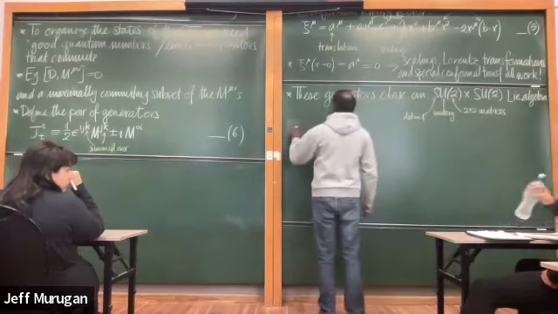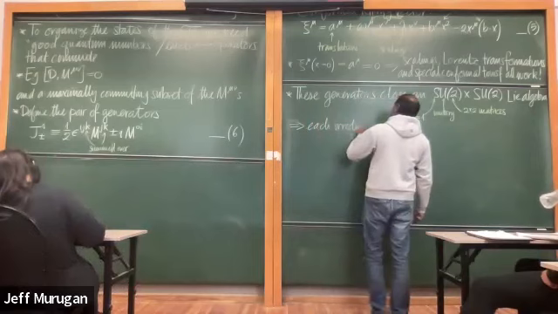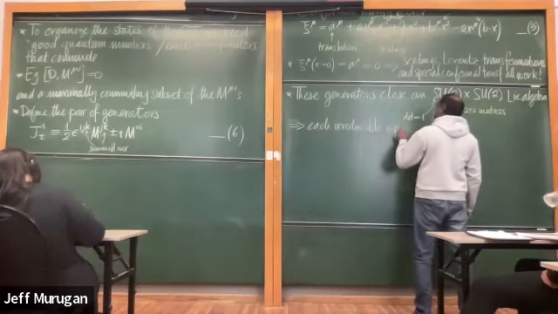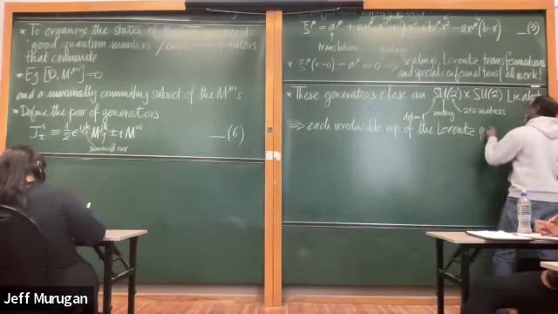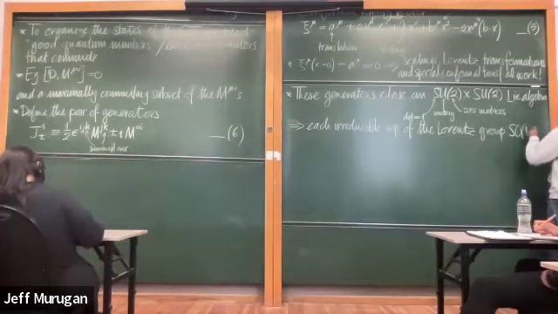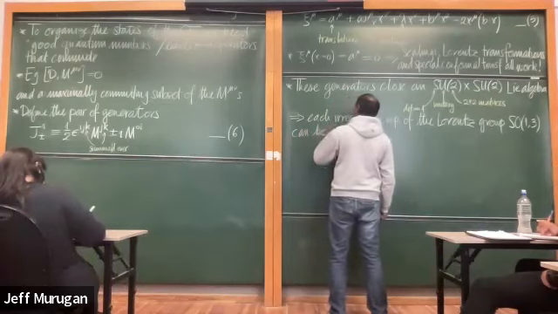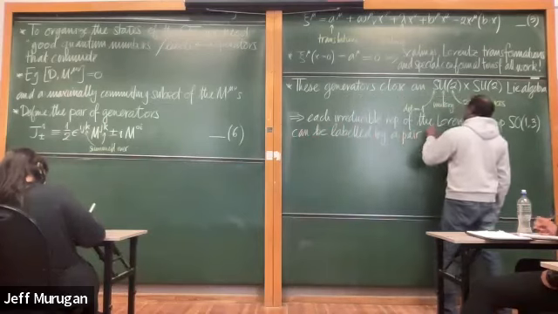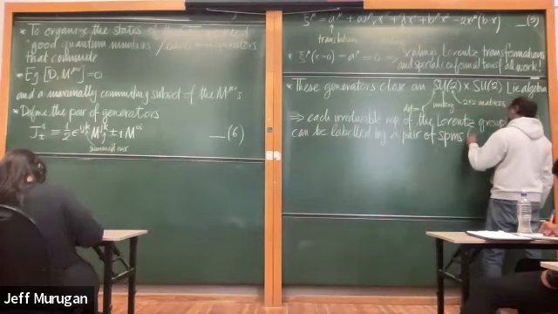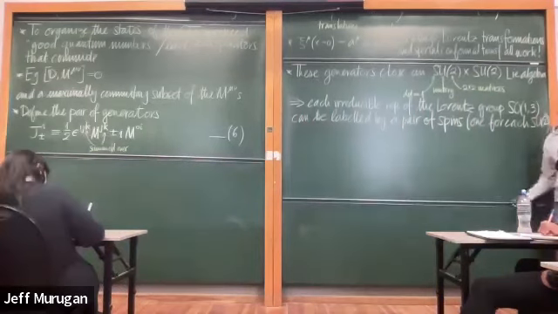So this means that each irreducible representation of the Lorentz group SO(1,3) can be labeled by a pair of spins, one for each of the SU(2) factors.